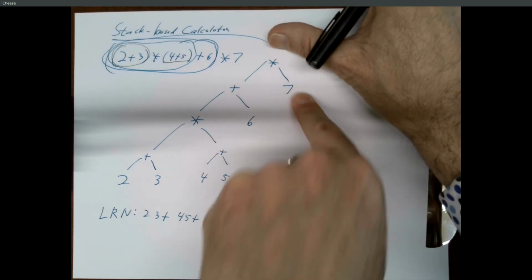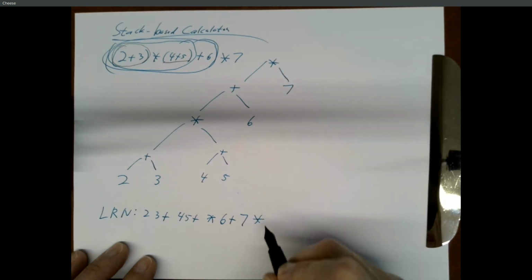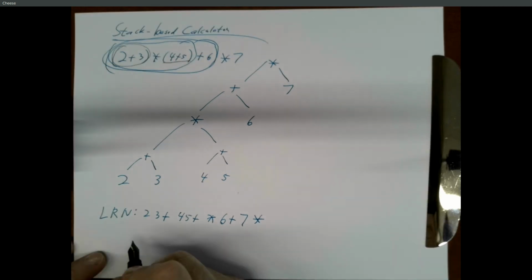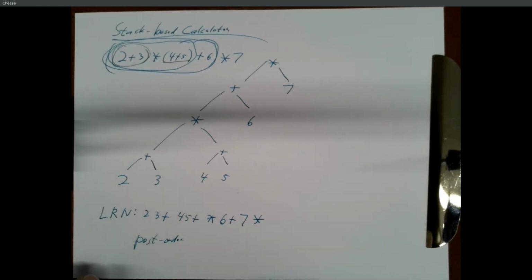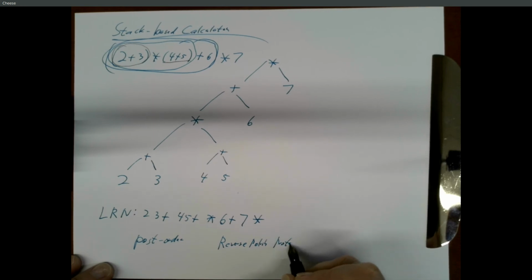Now I'm going to traverse the right subtree, which is a 7, and then I'm going to visit the root node, which is a star. So there's the left-right-node, or post-order traversal, and this is what we call reverse Polish notation, or RPN.